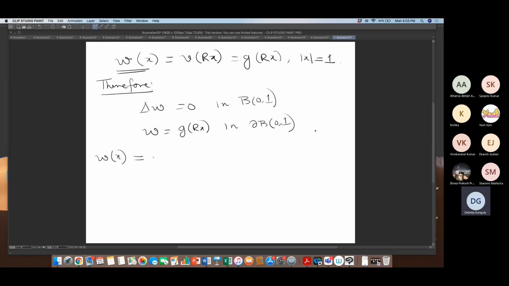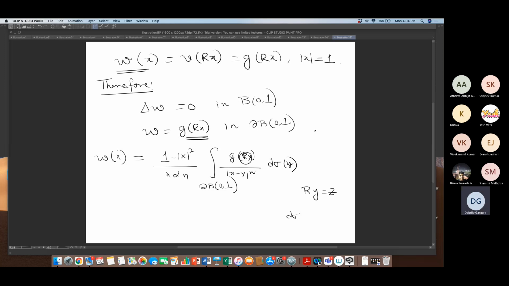Okay. Now, using our previous result, if W is a solution, then W can be written as (1 − |x|²)/(nα(n)) times the integral over ∂B(0,1) of g(Ry) over |x − y|^n dσ(y). Is that okay? Now what will I do? Any idea? This is problematic, no? R of y looks not nice. You will put Ry equal to z.